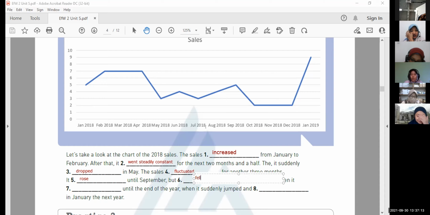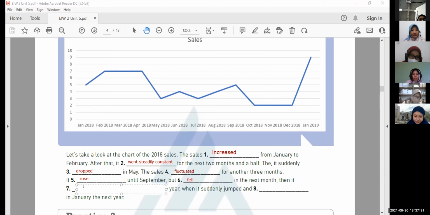Then it, what happened? Flattened. Then it flattened until the end of the year. October, November, it flattened. Let me write it here. Flattened.